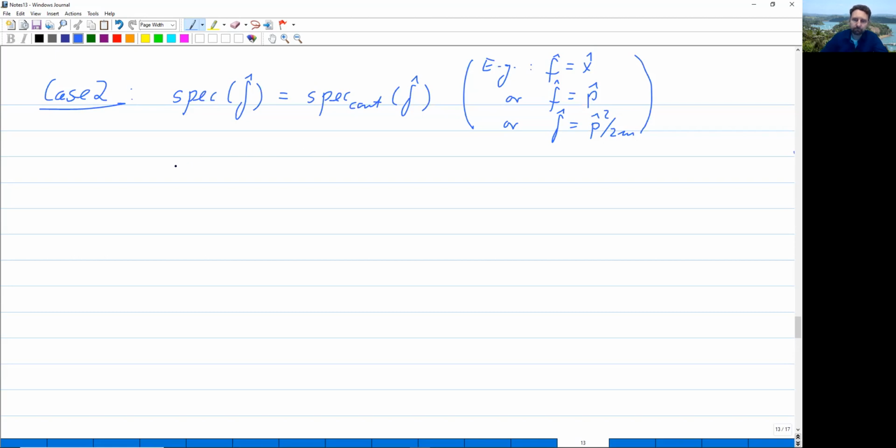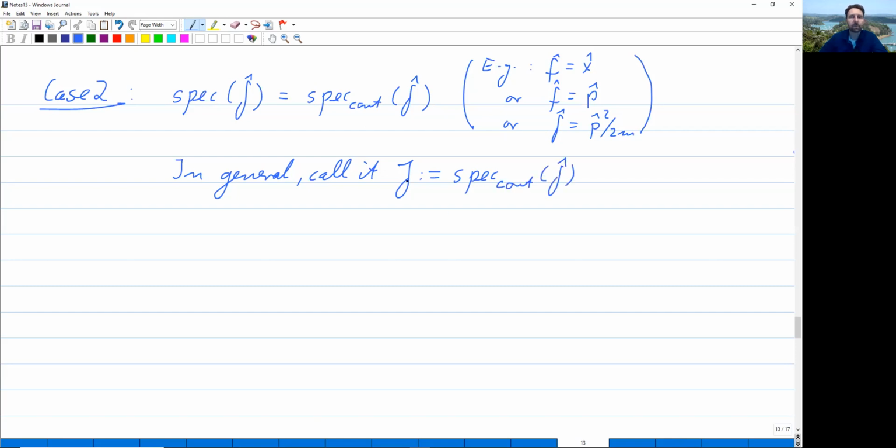In general, let us call the spectrum, in general, call it J, just so that we don't have to write spec cont of f hat all the time.